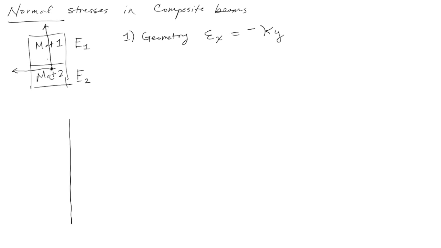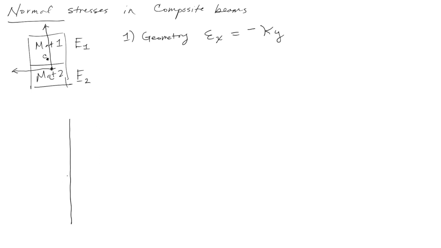For a beam of rectangular cross-section, this would be the centroid C, but depending on the material properties, the neutral axis is not going to be at the centroid. It's going to be at the location where the normal stresses are 0. So that's a little complication.